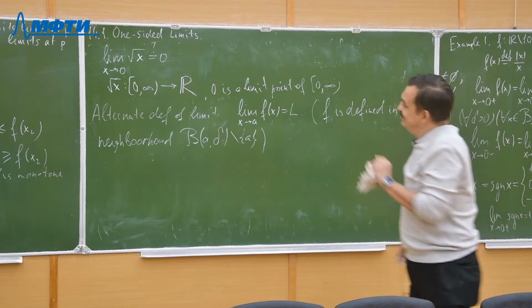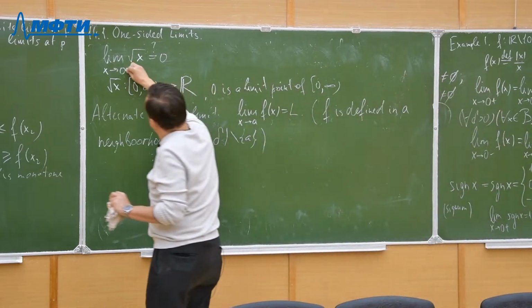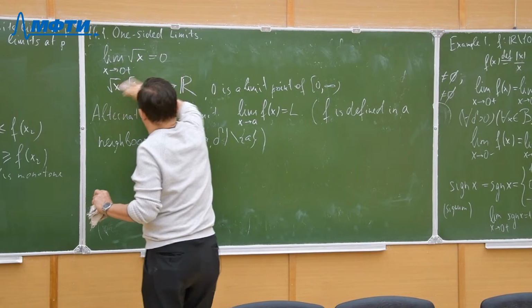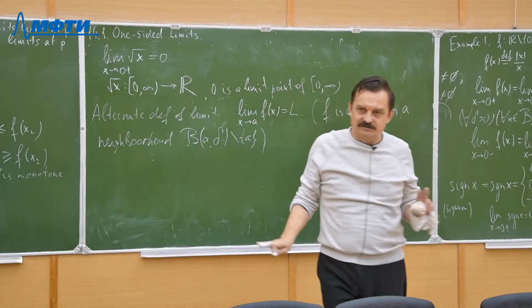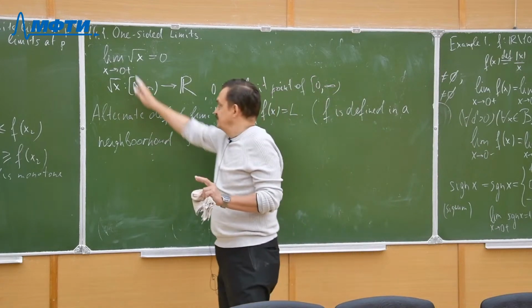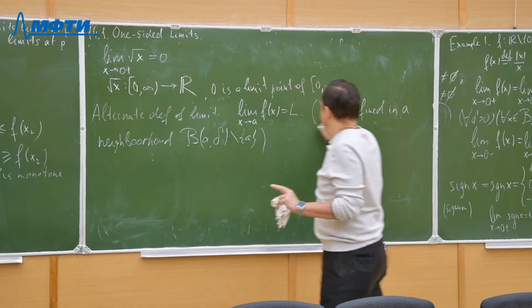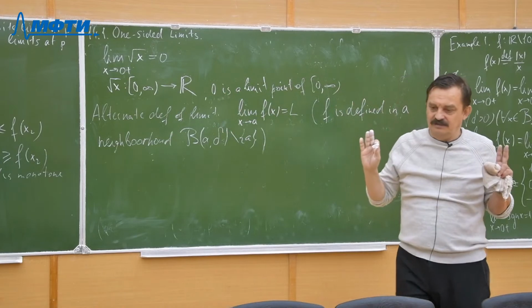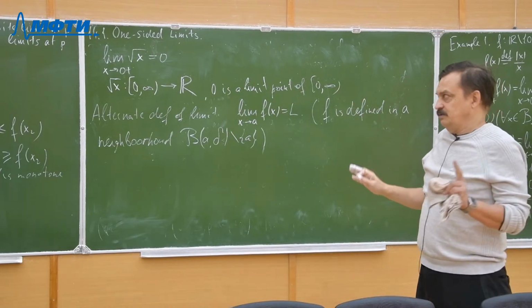Of course, in any case, if we are talking about a one-sided limit, then the function should be defined in a one-sided neighborhood.